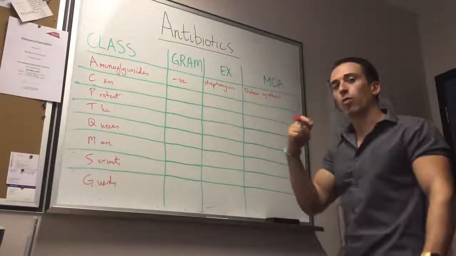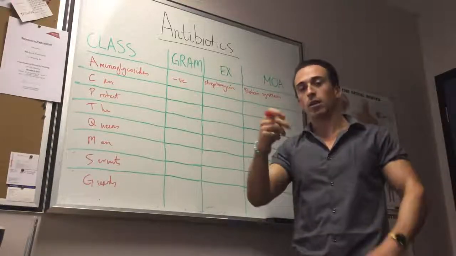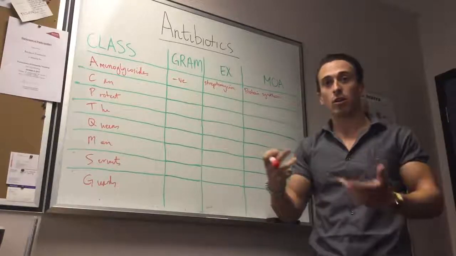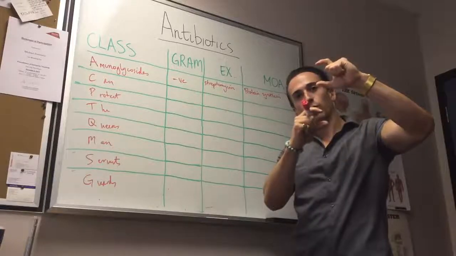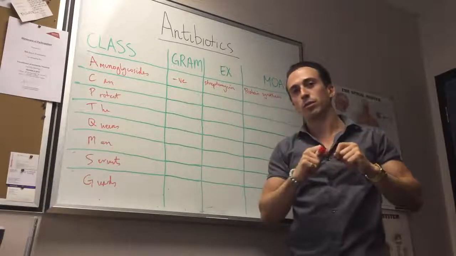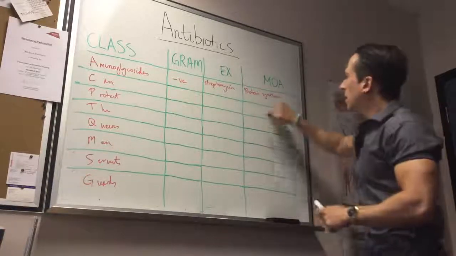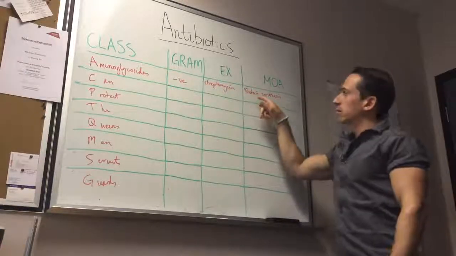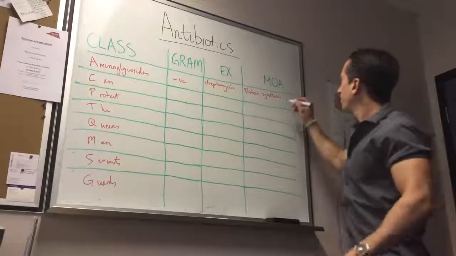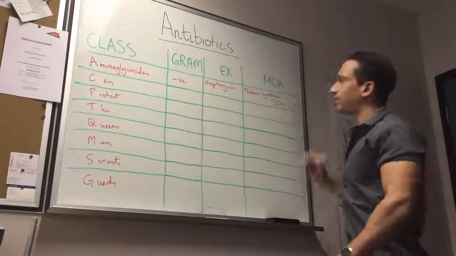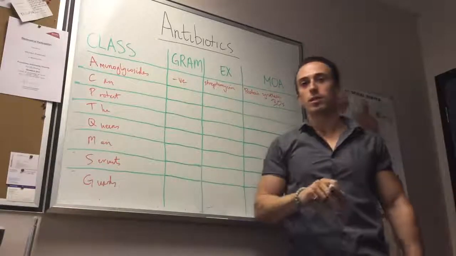So for bacteria, the ribosomal subunits that translate this DNA code into protein are 50S and 30S, which together make a 70S ribosome. So 50S and 30S. Aminoglycosides specifically inhibit the 30S ribosomal subunit. And this is the aminoglycosides.